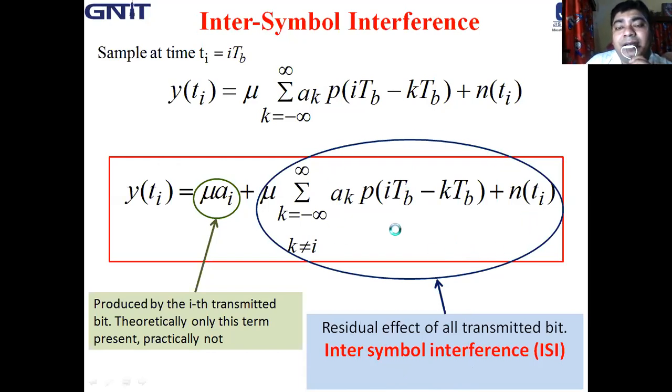This is not our desired term. This is the residual effect of all other bits, and that is called inter-symbol interference. So, what are the factors responsible for ISI?